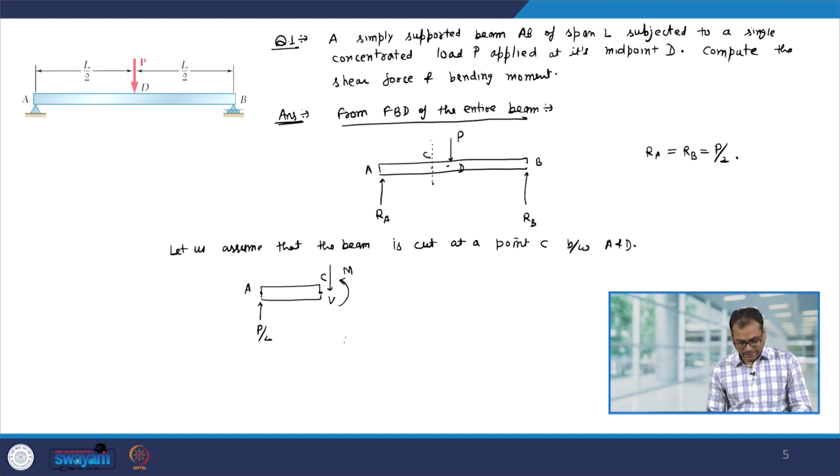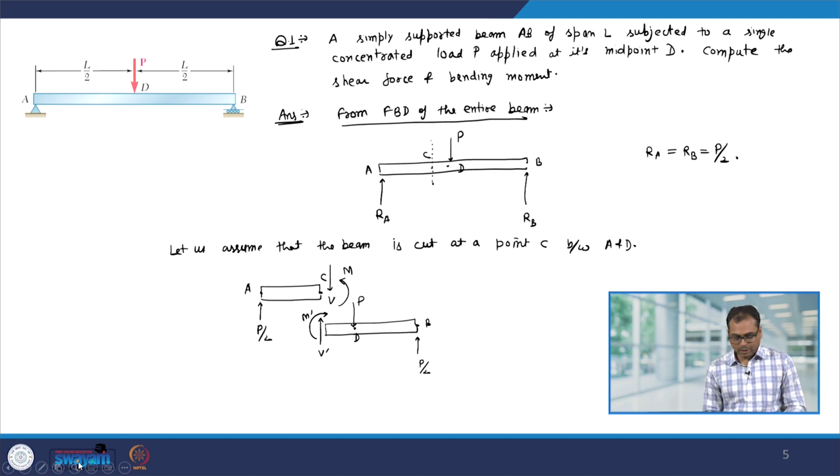Now on the right hand side, we have point B. Here the reaction force is P by 2 again, and at the midpoint, so this point is D, I have external loading of P, and over here I will have the vertical force V prime and the bending moment M prime. Now this free body diagram is for the region x equal to 0 to L by 2. Okay.